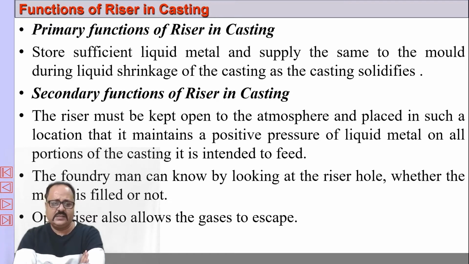An open riser also acts as a vent and allows the gases to escape. Of course, these are secondary functions, not that important. The important function is that the riser acts as a reservoir of molten metal, and it supplies the molten metal during the liquid shrinkage of the metal in the mold.